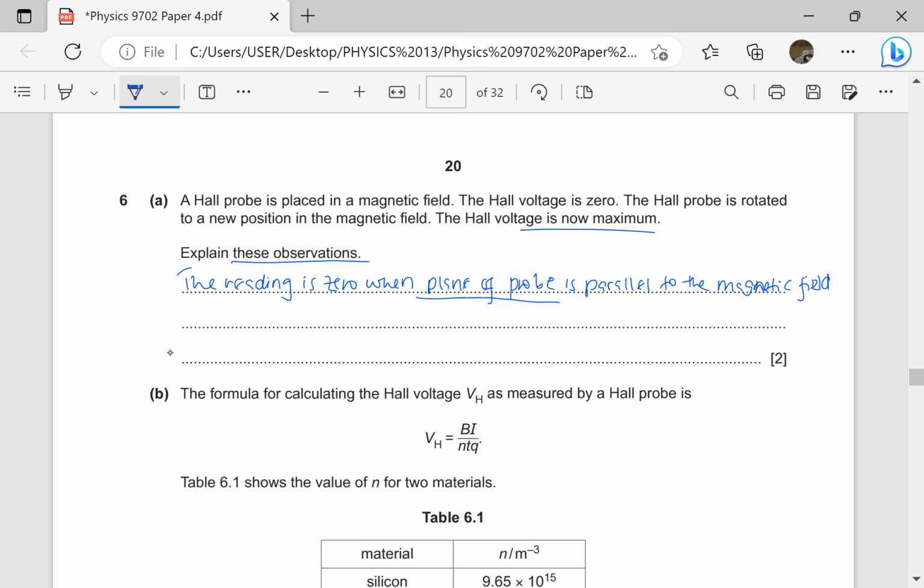When the plane of the probe is parallel to the magnetic field, it means the current will be moving in the same direction as the field, so the reading is going to be 0. The right hand or the left hand rules cannot work here.